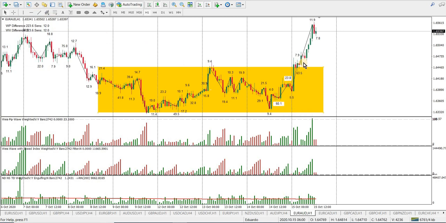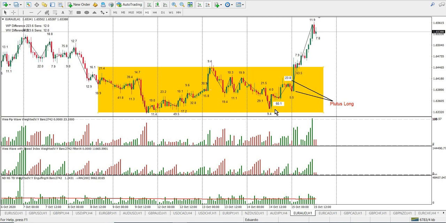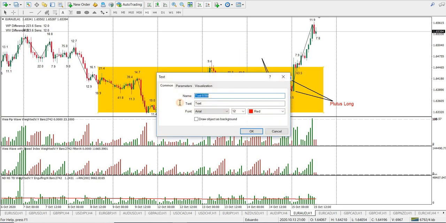And what do we see before the exit? Just before the exit, we have right here a Bluetooth long pattern. Okay, and this was, guess what?